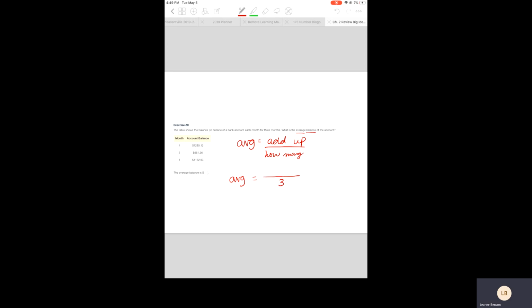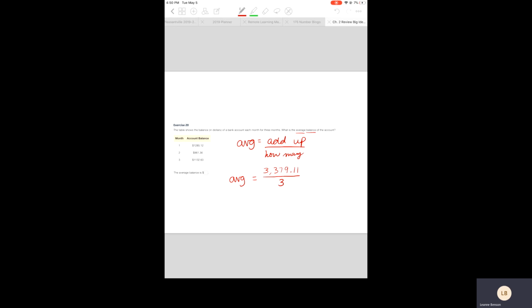Okay, so my first value is 1,285.12 plus 961.36 plus 1,132 and 63 cents. Okay, that gives me a sum of $3,379.11.